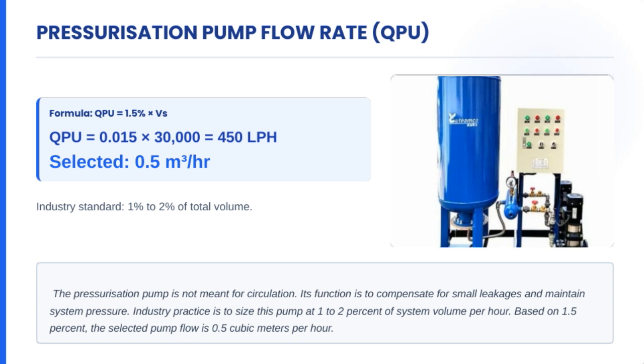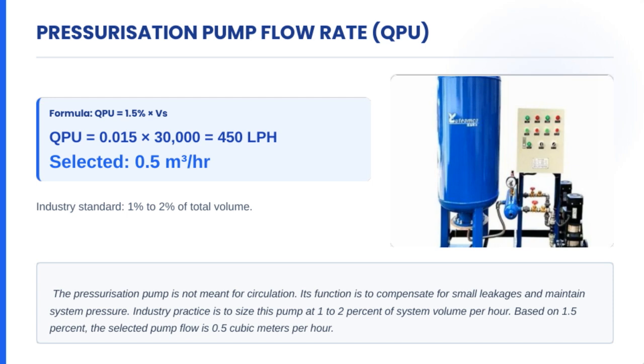Now, it's important to note that the formula we used, QPU equals 1.5% times Vs, reflects industry standards. Typically, this value ranges from about 1 to 2% of the system volume per hour. The purpose of the pressurization pump isn't to circulate fluid throughout the system. It's primarily there to compensate for small leakages and keep the pressure stable.